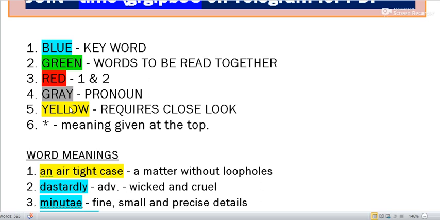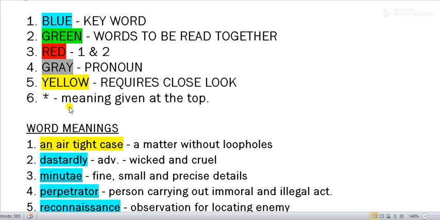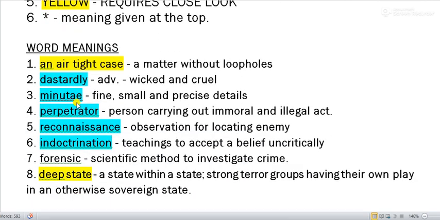Then the yellow code is for those words which require a close look, a better understanding. And then I have selected a few words from the passage and put a star mark over them, and the meanings are given just below, right in the beginning of the passage, so that you don't have confusions while reading ahead in the passage. Okay.